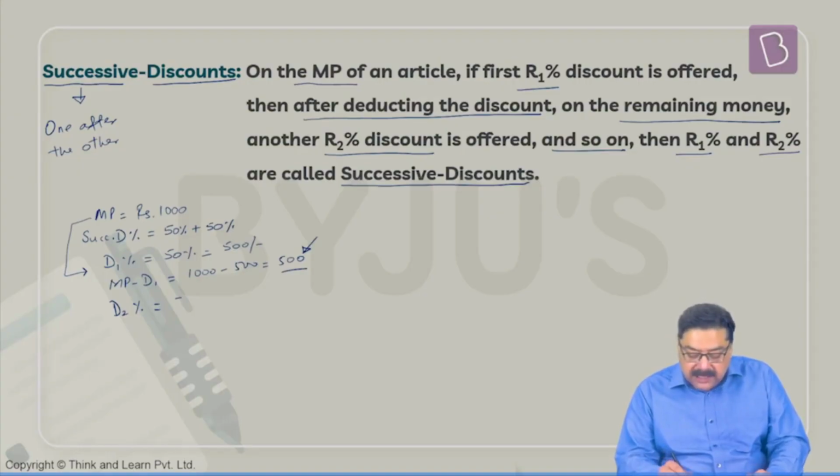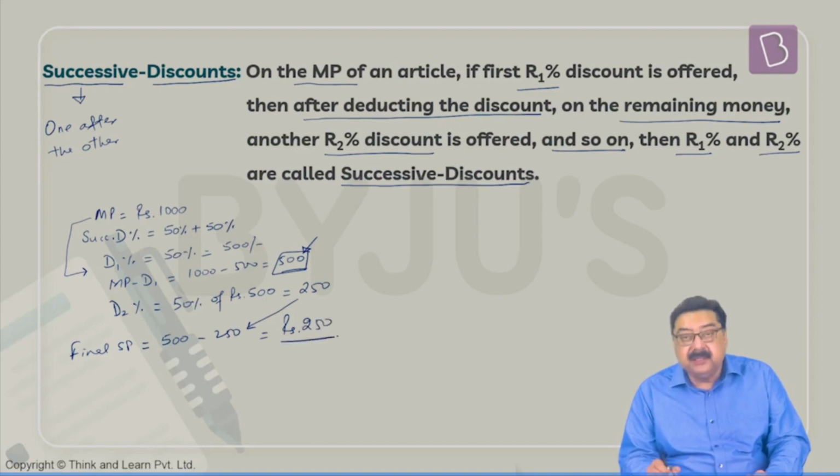So now second discount is 50% of rupees 500, which is 250. So final selling price in such a case becomes rupees 500 as we have here minus 250, the second discount. So it becomes rupees 250.